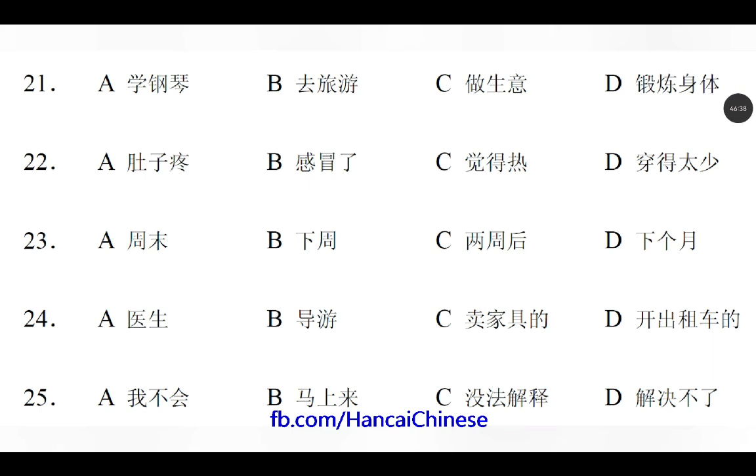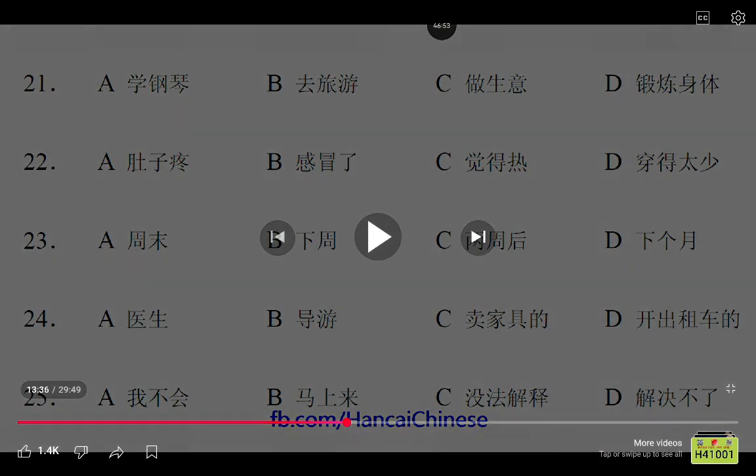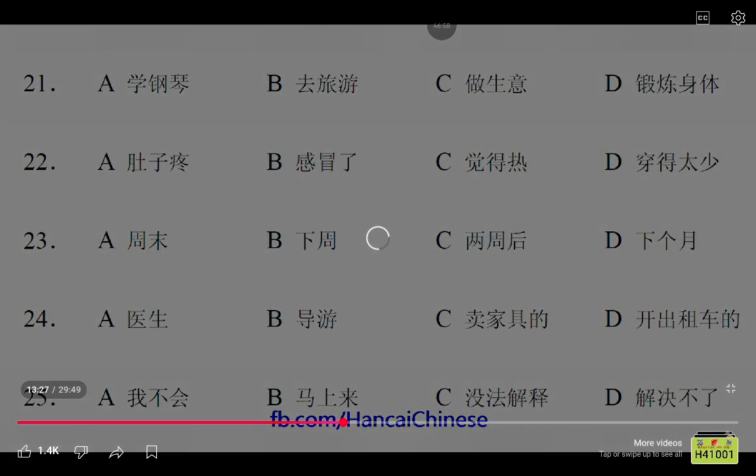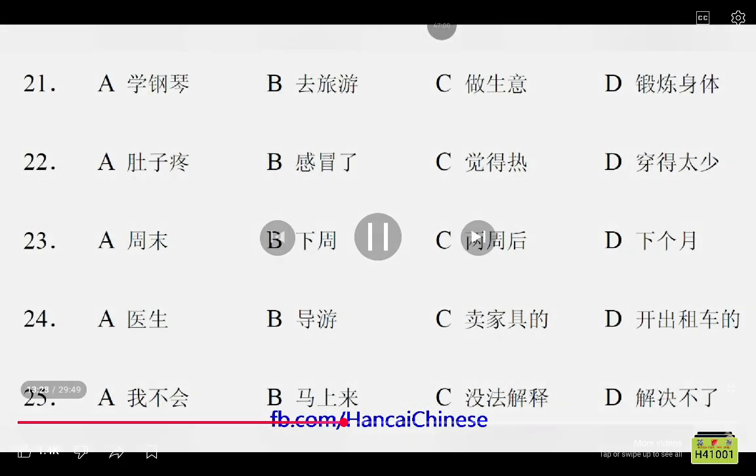So now we have to focus on 锻炼 because this is a verb, exercise, 生意 business, 旅游 travel and 谈感情. This is what we want to listen for in our audio.